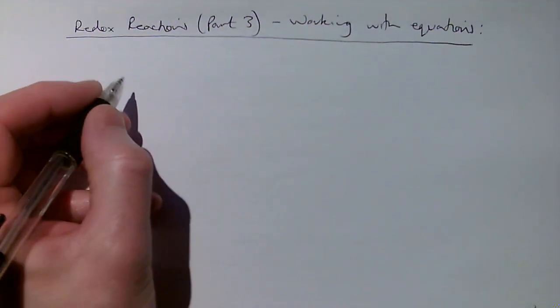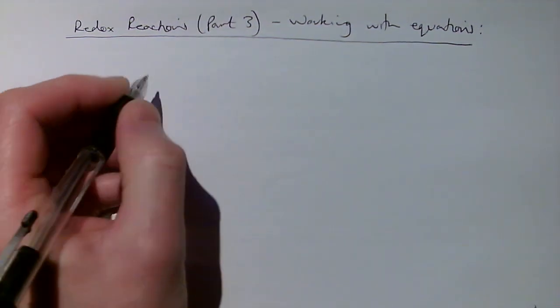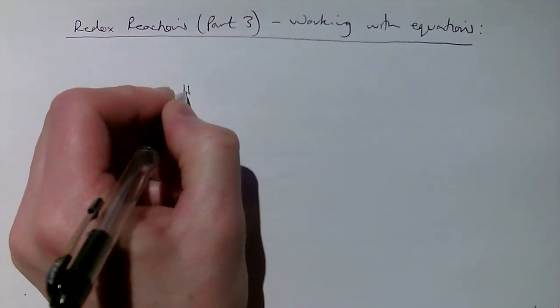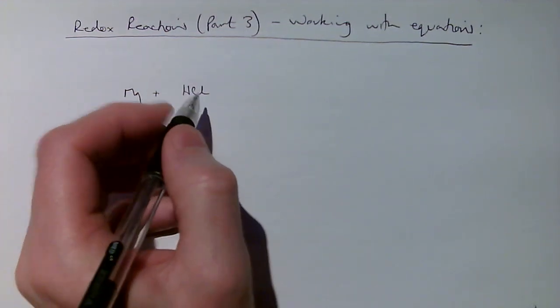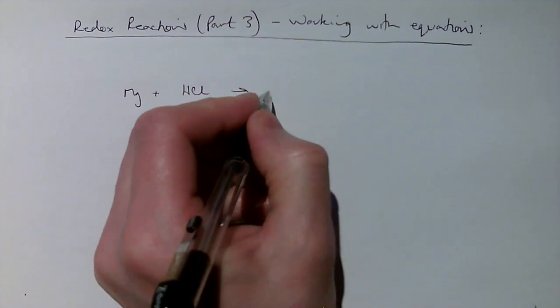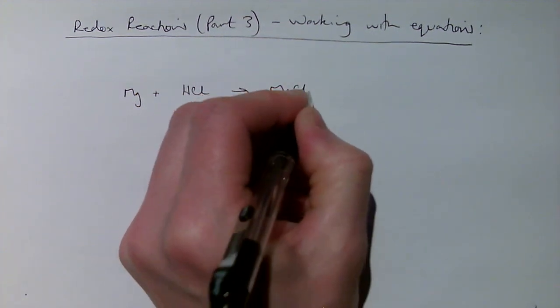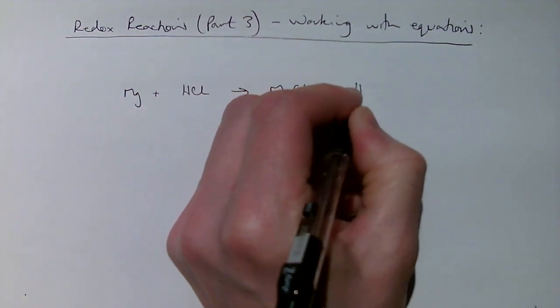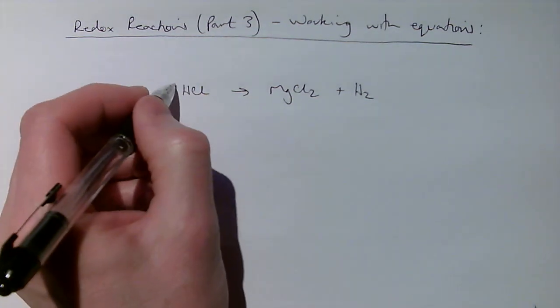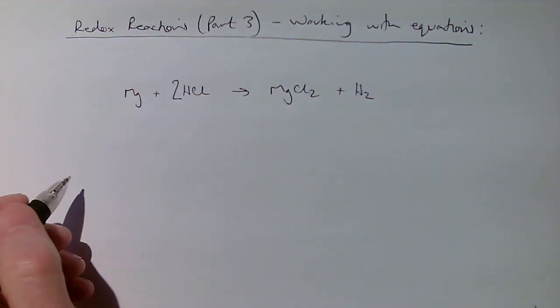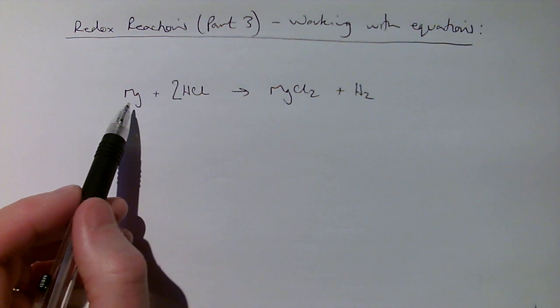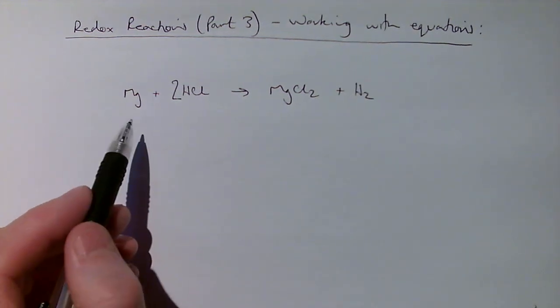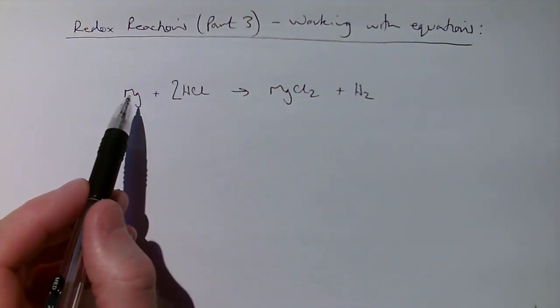I'm going to react a little bit of magnesium with hydrochloric acid. Okay, metal plus an acid is going to make a salt, magnesium chloride, plus hydrogen gas. Then I need to balance that. If I look at that, I'm starting with a lump of magnesium, so that's made from magnesium atoms.